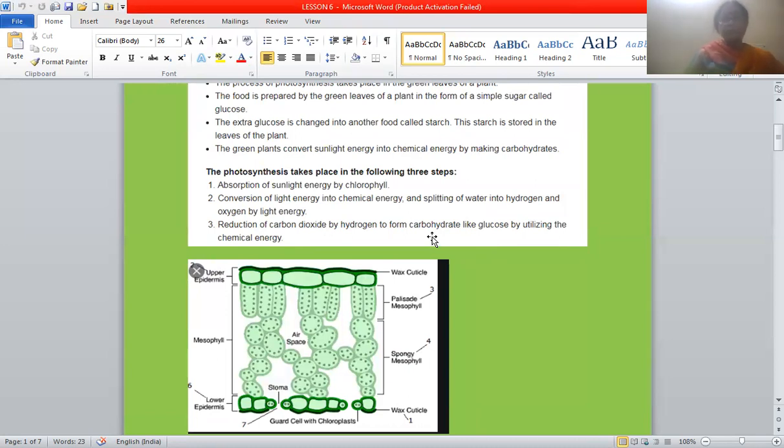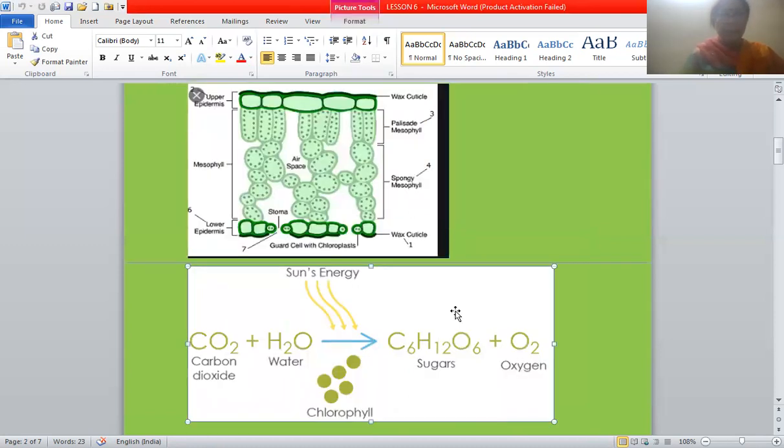You can see over here in the picture. This is the leaf. This is the upper epidermis, the wax cuticle layer on the leaf. These are palisade cells. This is mesophyll tissue, and this is the lower epidermis.